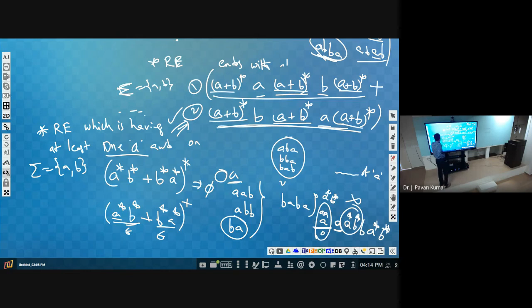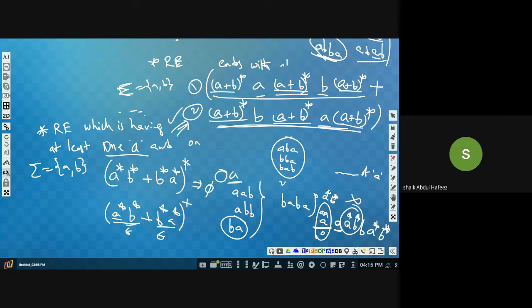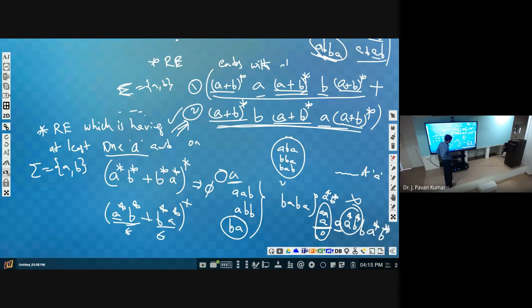The thing is, the regular expression should accept strings having at least one A followed by at least one B. Now you please repeat the question. Sir, you said there should be at least one A which is followed by at least one B. Yeah.